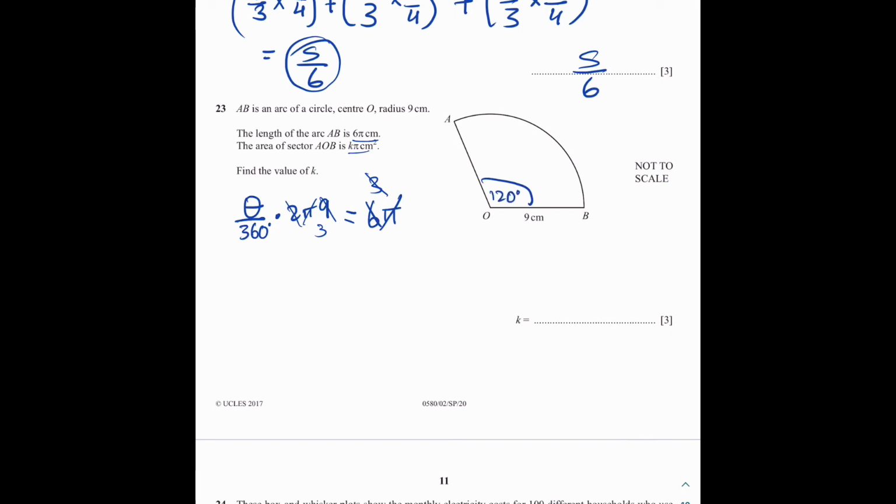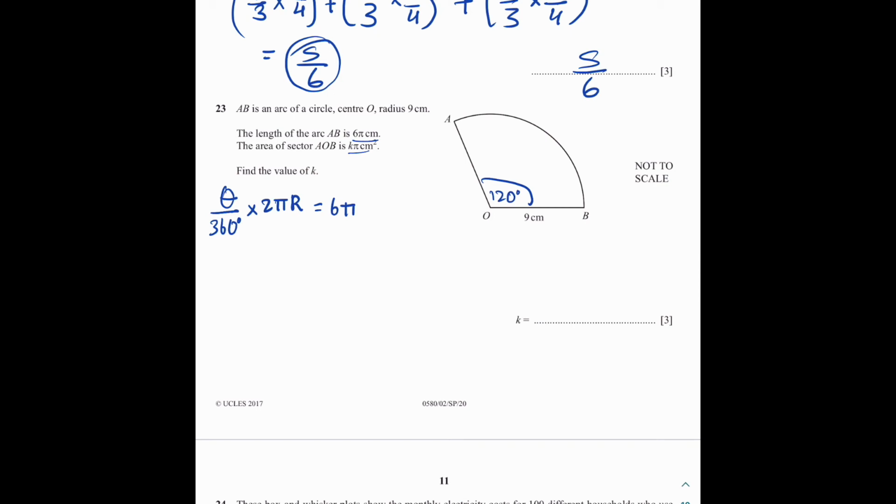Okay, I should actually explain how I did that. I did that in my head. The formula for the arc length is theta over 360 degrees times 2 pi r, where r is the radius. We know that the length of the arc AB is 6 pi.